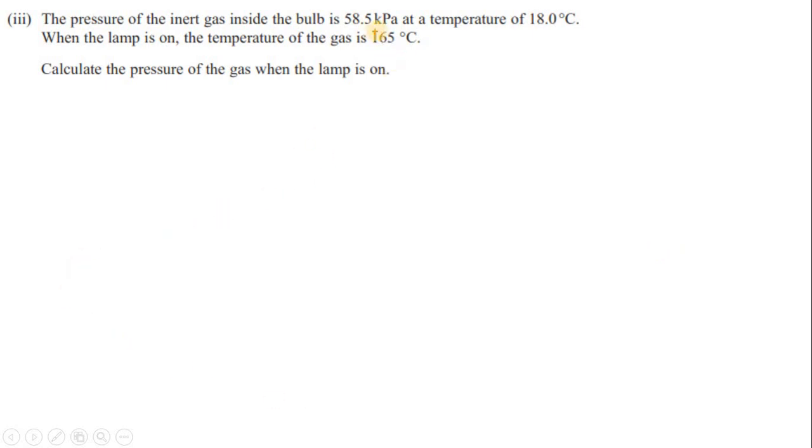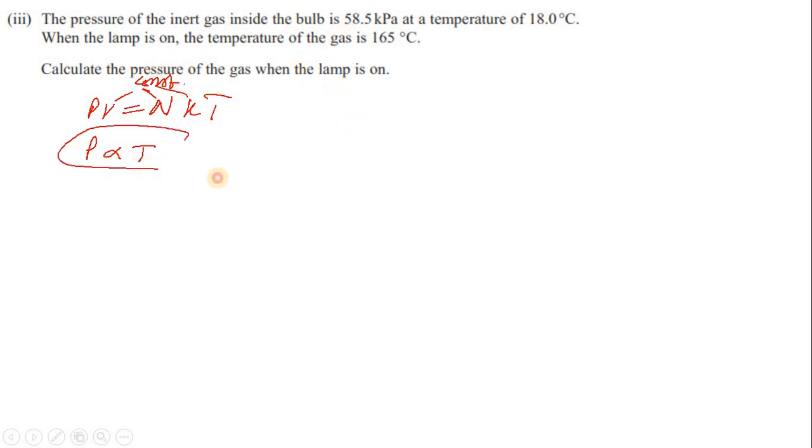Clearly, you know that in the bulb, volume stays the same, number of particles stays the same. So you have the formula PV equals NkT, and from here pressure is directly proportional to the temperature, because V, N and k are constant, they are not changing when the bulb is turning on.